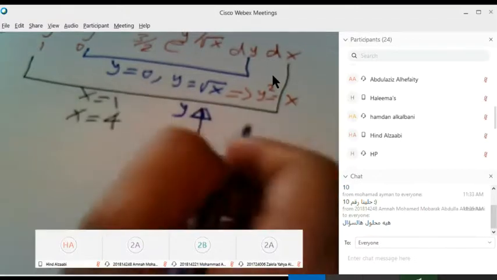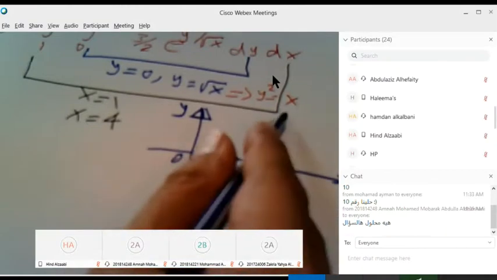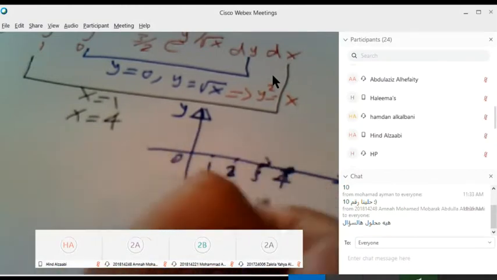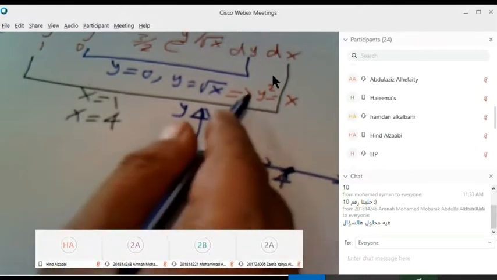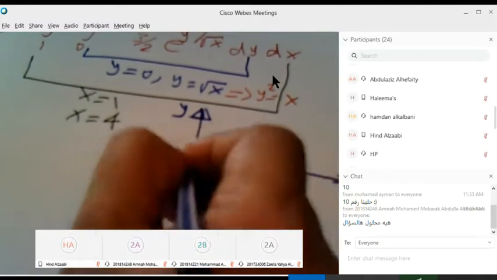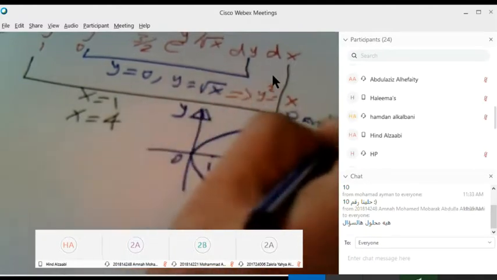This is a horizontal parabola, because I have two values of y, the positive value of y and the negative value of y will have only one value for x, so it is symmetric with respect to the x-axis. Half of the parabola will be above the x-axis.